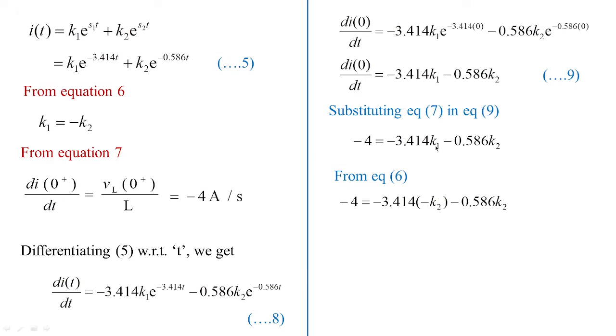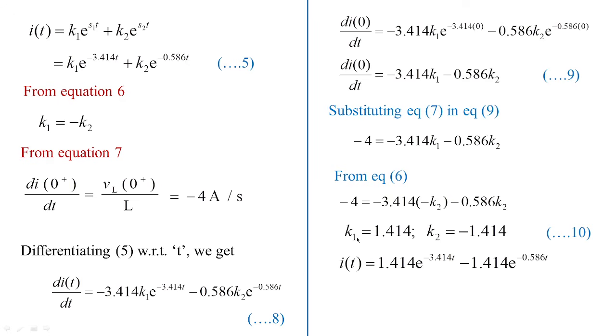and with k1 substituted as minus k2, I'm going to get the value of k1 which is equal to 1.414. If this is the value of k1, naturally the value of k2 will be minus 1.414, and hence I'm substituting the values of k1 and k2 in equation 5. Then I'm going to get i of t is equal to 1.414 e to the power of minus 3.414t minus 1.414 e to the power of minus 0.586t.